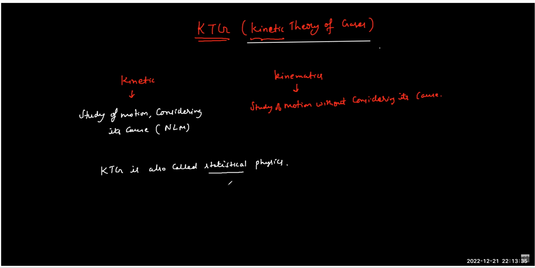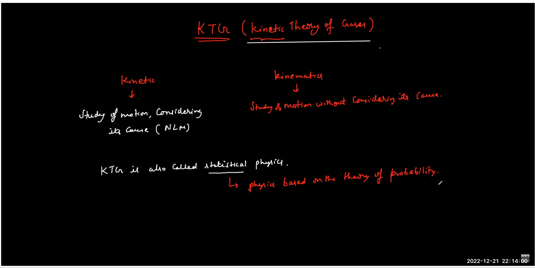So statistical physics is basically physics which is based on the theory of probability. Understood?